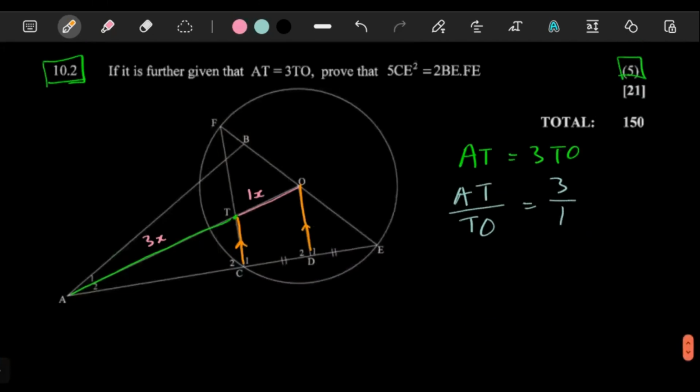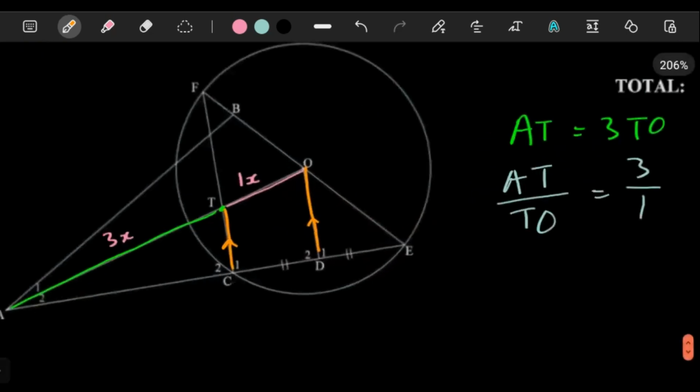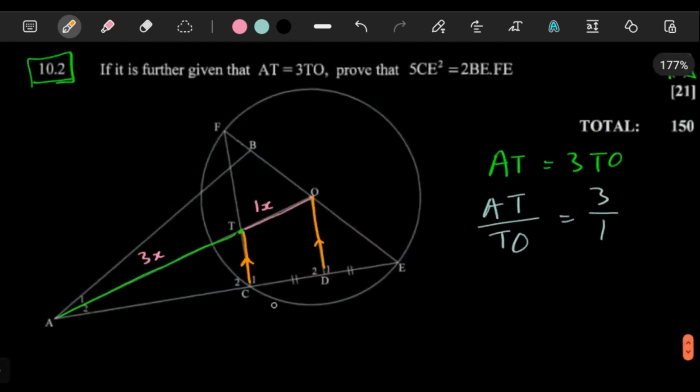Secondly, they said, prove that 5 CE, where's CE? CE is this whole thing here. Okay, that's interesting. As long as they're talking about CE here, we need to remember that CE is just double CD, so that we don't think too far away from what we have just seen.